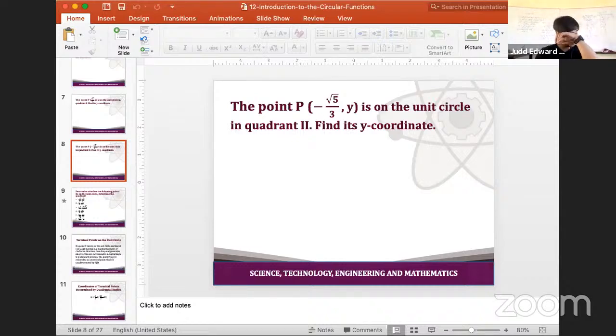Yes or no? Sir, ako po hindi po ganun nakuha. Hindi yun yung nakuha mo, Jam. So what is your answer? Positive 1/3 po sagot ko. Positive 1 over 3? Okay, yung iba po, ano po yung sagot nila?